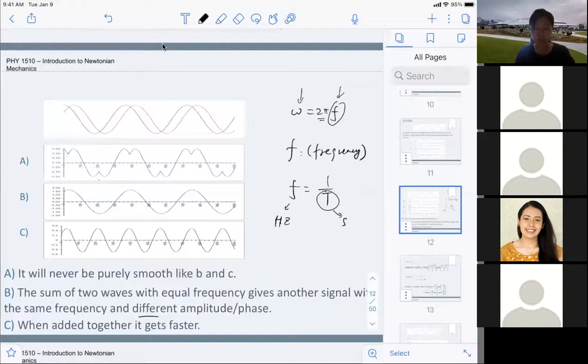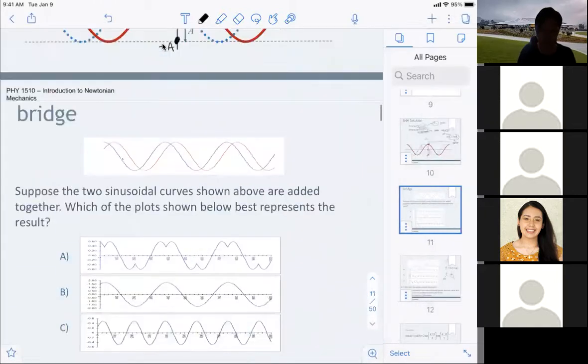Now we have the tool of the actual math of these two different functions we're trying to add together. We can simply work it out. Let's take a look at these two graphs. One of them is a little bit ahead of the other.